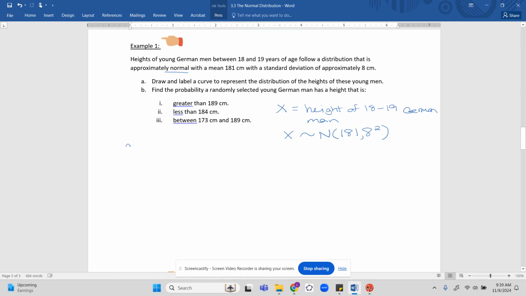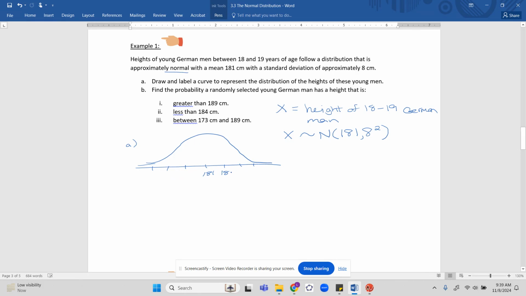So part A, I'm going to draw a labeled curve to represent the heights of these young men. If I sketch a little normal curve, something like this, in the center of the curve, I'm going to put the mean, 181. And then I like to put 3 tick marks on each side, like so. And I'm going to add 8 and subtract 8 for each tick mark.